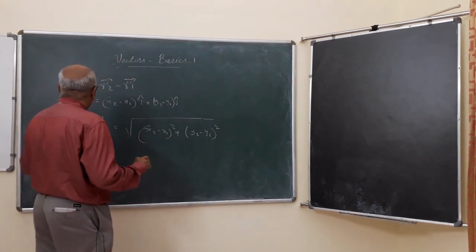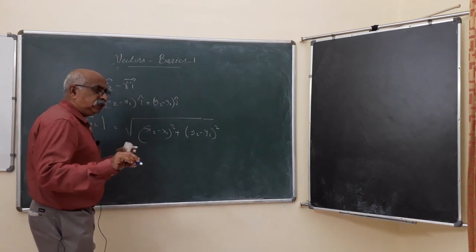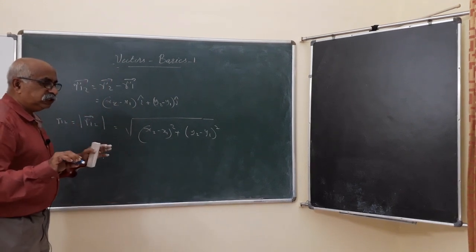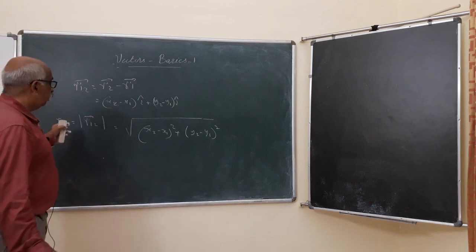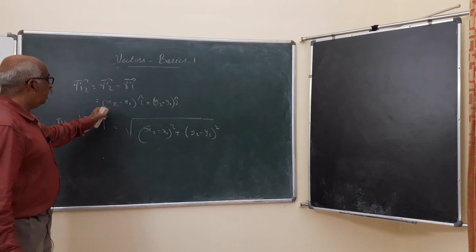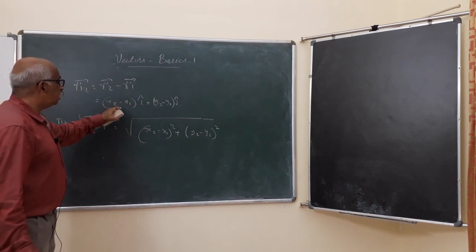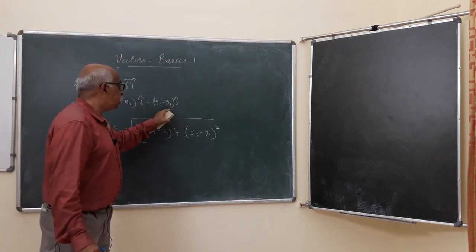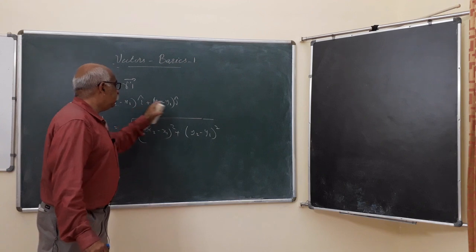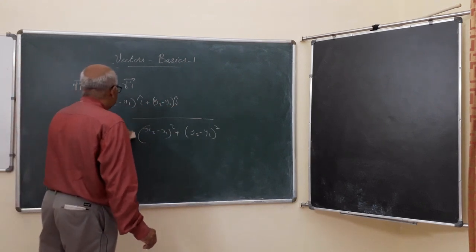When we express a displacement vector in terms of i, j, k vectors, the coefficients x2 minus x1 have the dimensions of length, y2 minus y1 have the dimensions of length. The i and j do not have any dimensions.